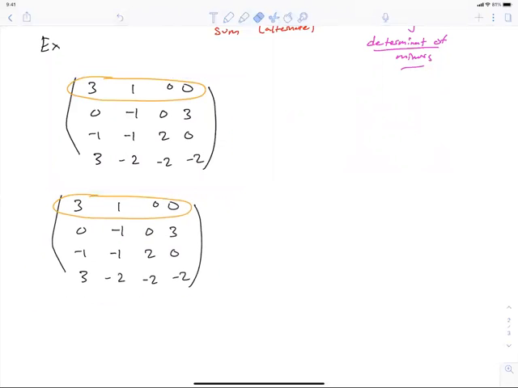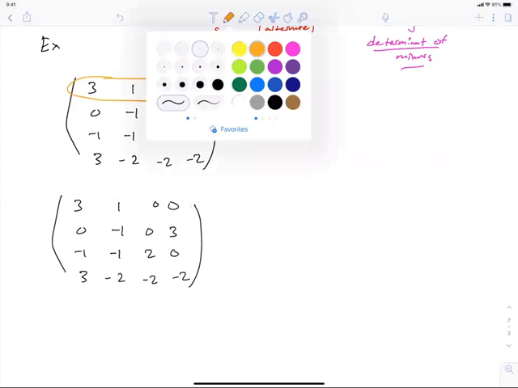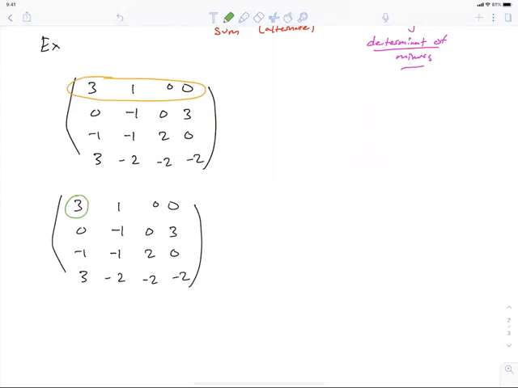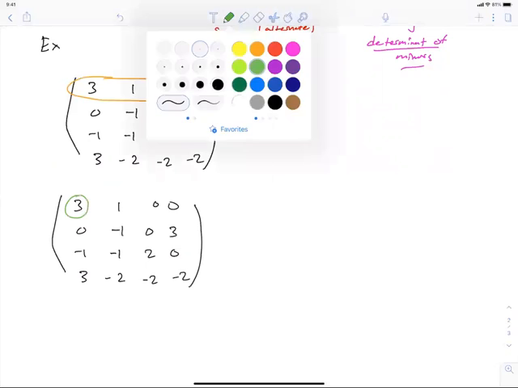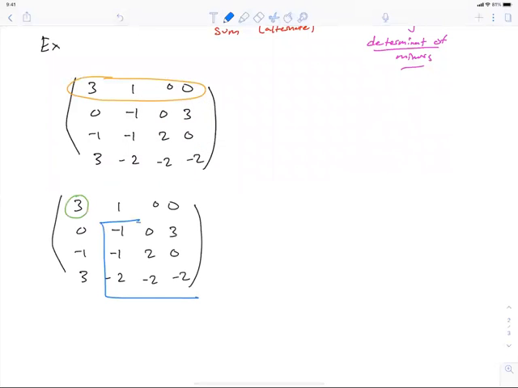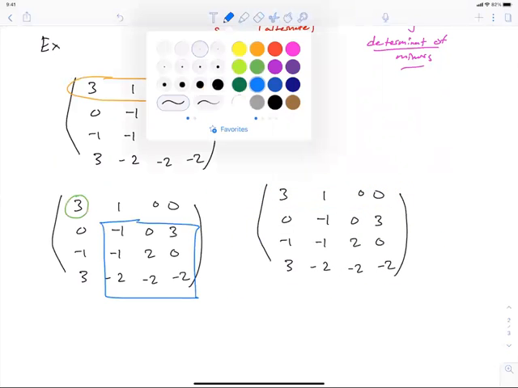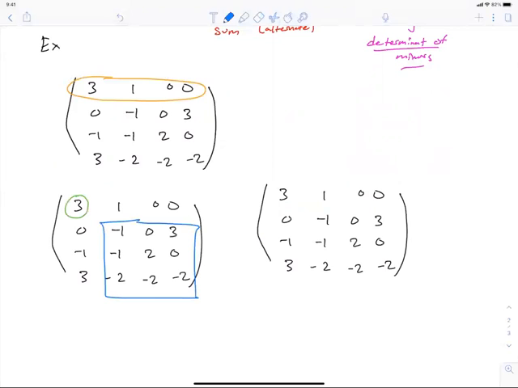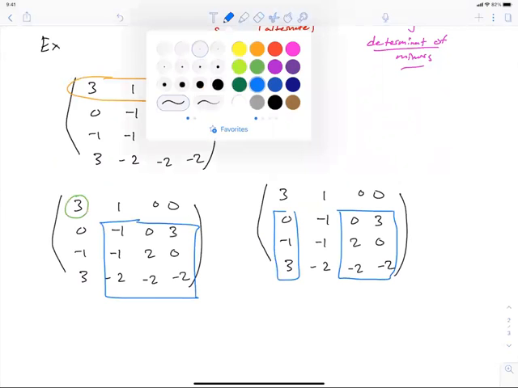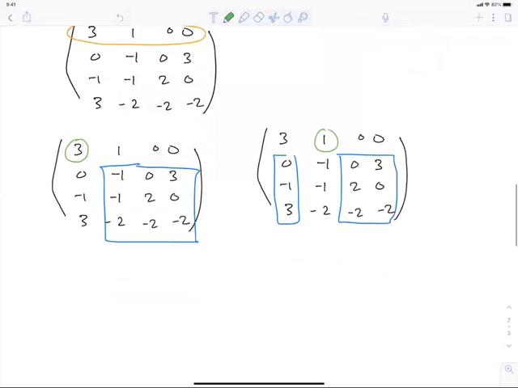So what are those terms? Those terms are going to correspond to one entry of that row times the determinant of the corresponding minor. And then we're also going to do the next one. And we're going to keep going.